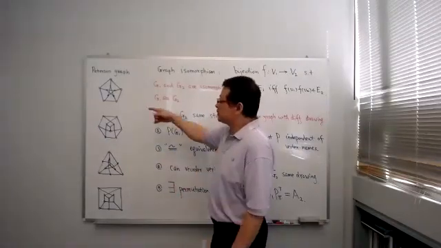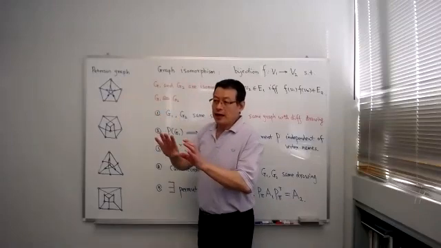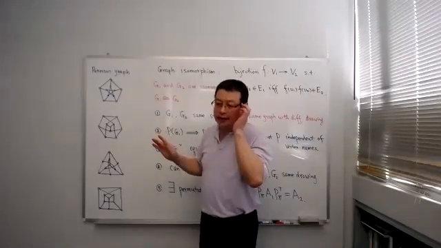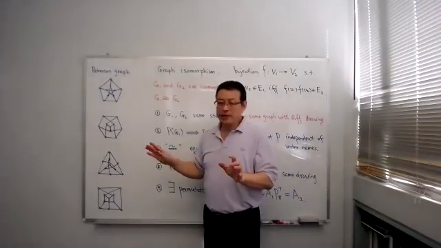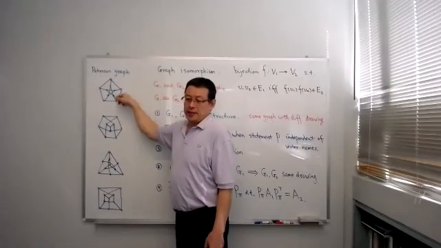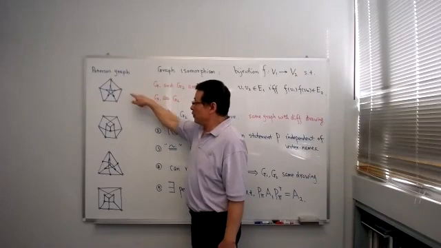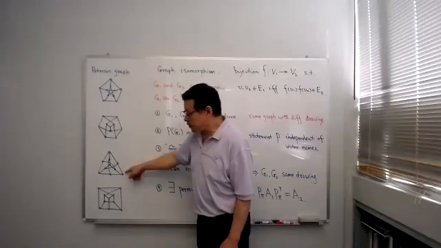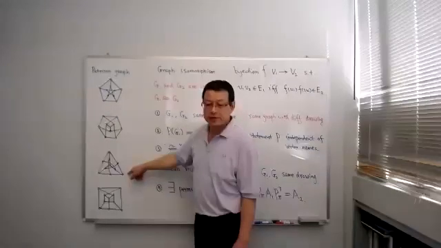Similarly, this one has 240 Hamiltonian paths. We may discuss Hamiltonian cycles and Hamiltonian paths later, but it does not matter for the time being. It's just a property. So once we know this graph has 240 different Hamiltonian paths, we can say that this graph also has 240 different Hamiltonian paths.